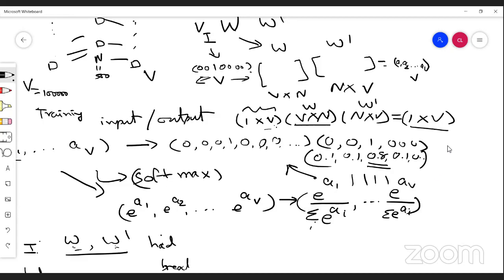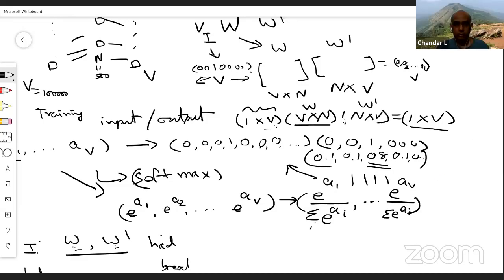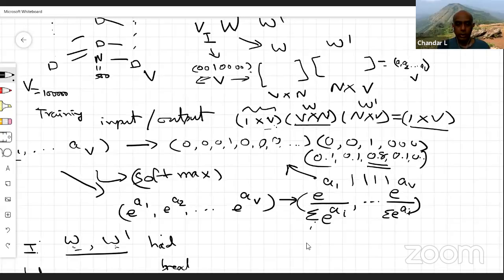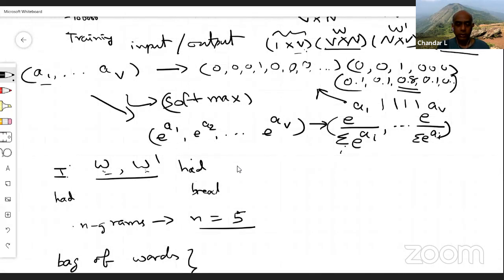Yes, exactly. That is the gradient descent approach, and there is a whole technology for doing gradient descent. Whenever we have a softmax and we have the actual output, there is a loss function called cross entropy loss. So this loss function is what is minimized.